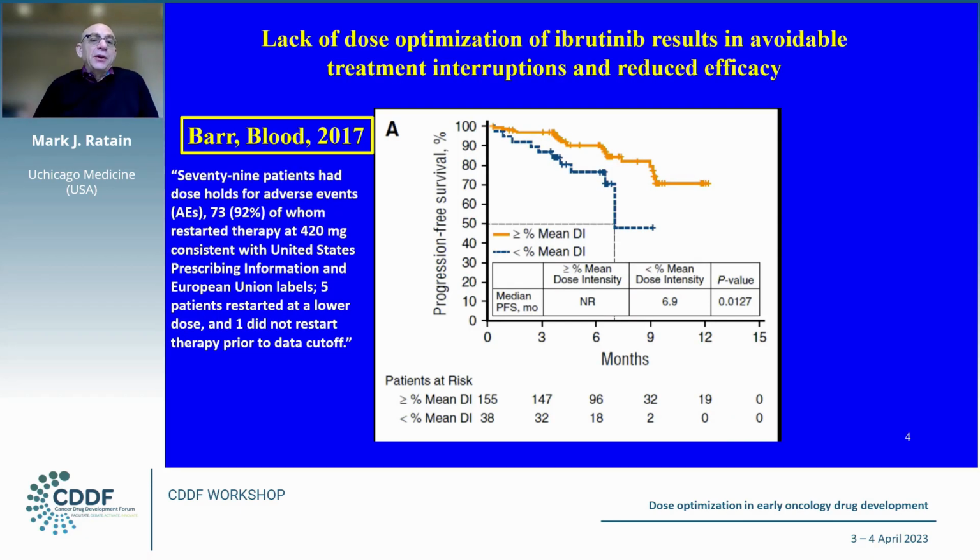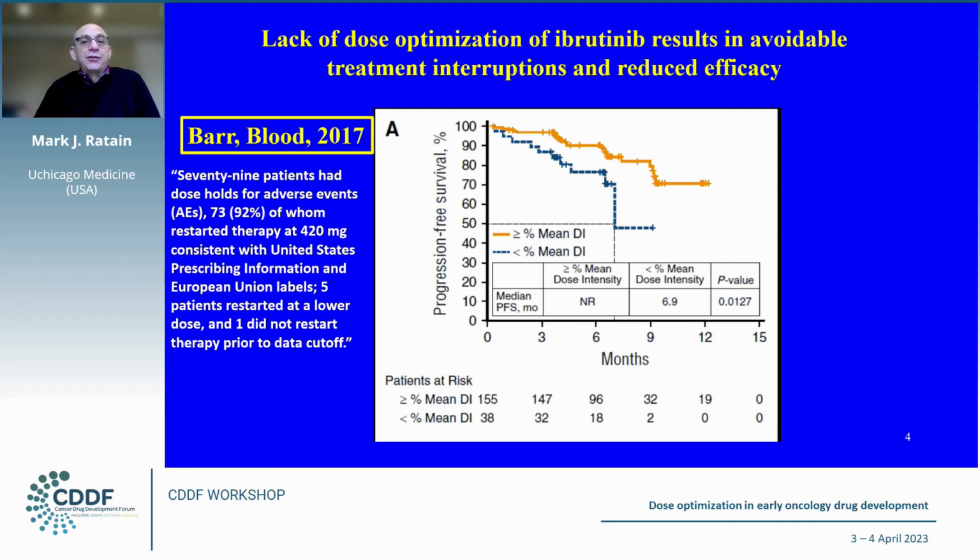All right, so I want to start with an example of ibrutinib. Ibrutinib, the first BTK inhibitor, a highly targeted drug, an irreversible inhibitor of BTK binding to a cysteine residue. And while there was some attempt to get the dose right, at the end of the day, this dose is excessive.